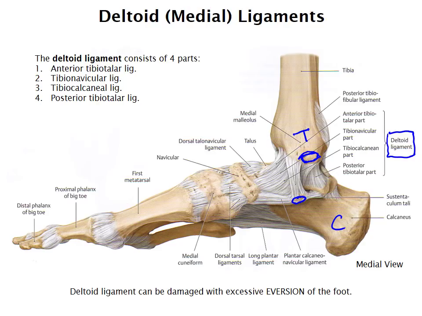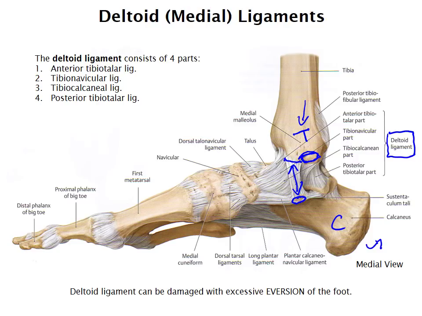In other words, the calcaneus rolls outward. The medial malleolus drives inward, and you put enormous stretch on the deltoid ligament. So in that process, again, the medial malleolus might avulse or fracture rather than tearing the deltoid ligament.